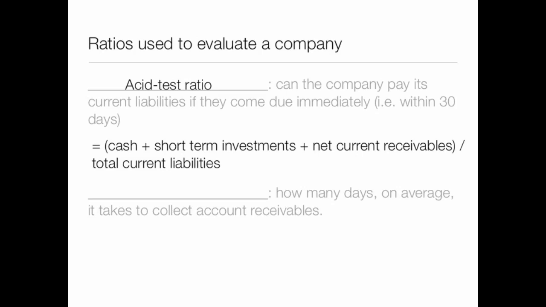Now, if you compare the acid test ratio with the current ratio, they're very similar. But the current ratio shows the company's ability to pay their debt within the next year. The acid test ratio is can they pay their current liabilities if they were to come due immediately, within 30 days. So slightly different there.